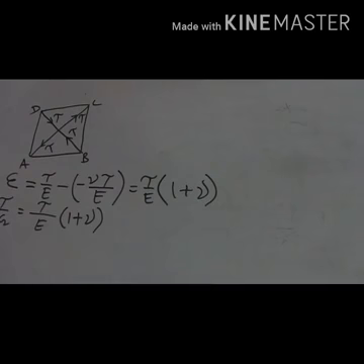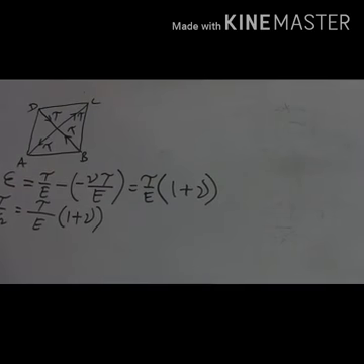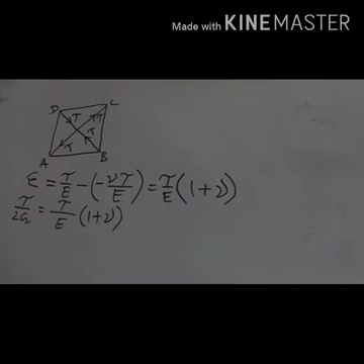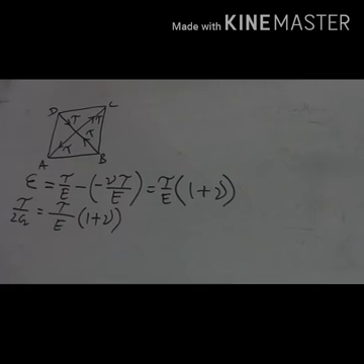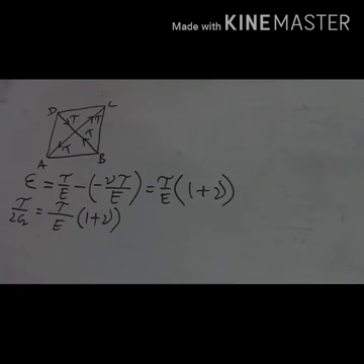Okay, so tau by G is equal to (1 plus nu) by E. And we know another formula, E is equal to 2G(1 plus nu).